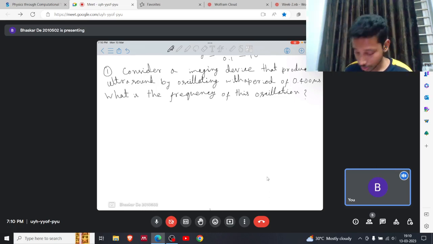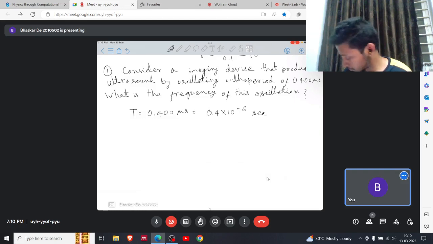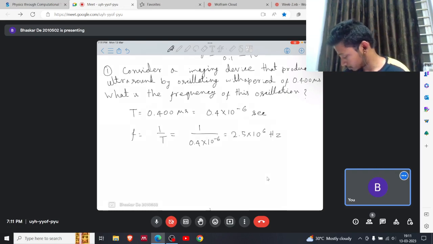As it is mentioned that it is oscillating, we can assume that this is a periodic motion. So T is 0.400 microsecond, which is 0.4 into 10 to the power minus 6 second. Now frequency equal to 1 by T, which is 1 by 0.4 into 10 to the minus 6, equal to 2.5 into 10 to the power 6 hertz.